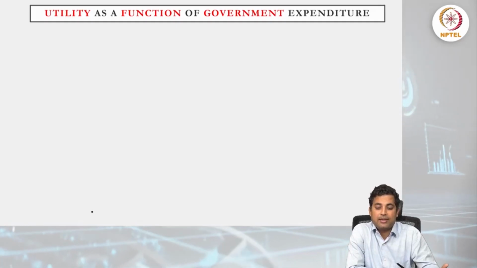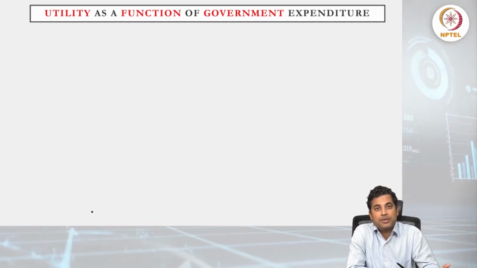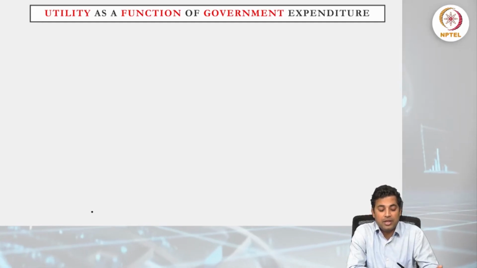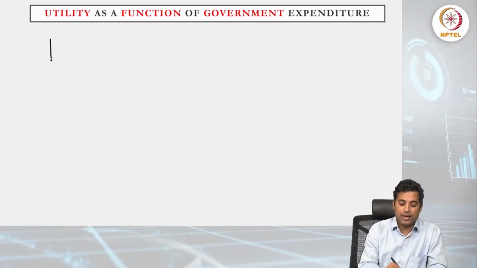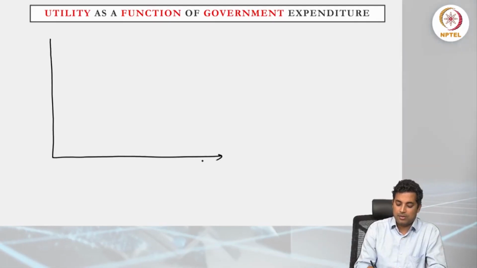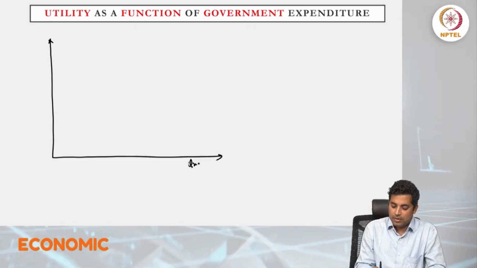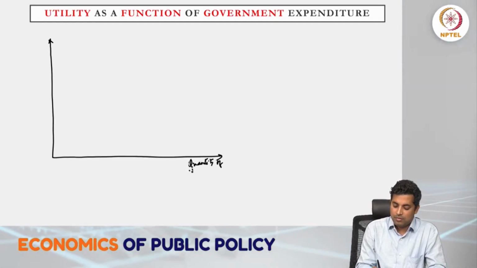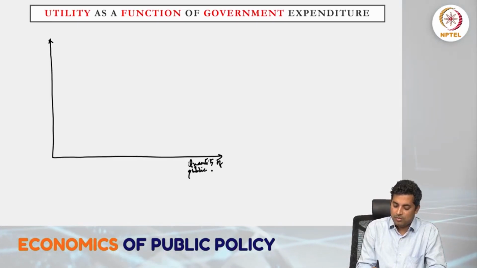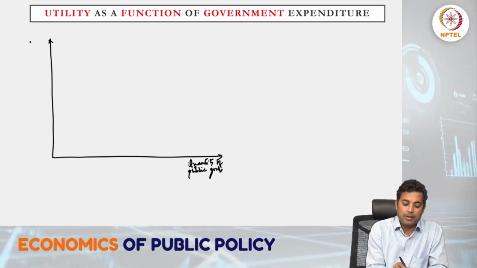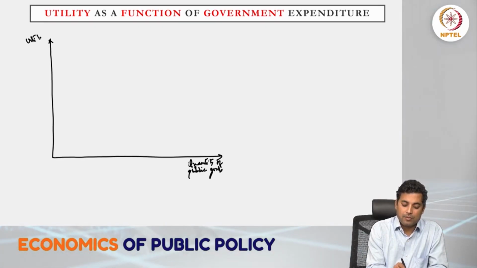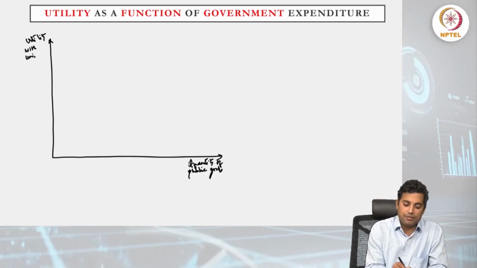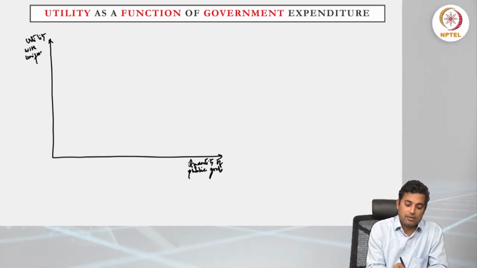Again, if we consider that there are three groups, three persons, like poor, then middle income, then the rich, we will again plot the quantity of public goods here, and utility here, assuming just uniform taxation, which has only an income effect.